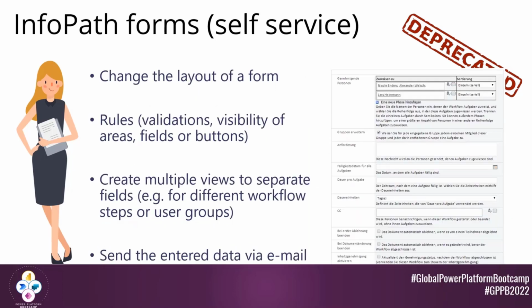And you could also add more rules. So it was not only the mandatory fields, which could be configured with validations. You could also add some rules that maybe you have to add a value in a special field, and then the next area with the upcoming 10 fields will be visible, or otherwise you could split your form into different views.